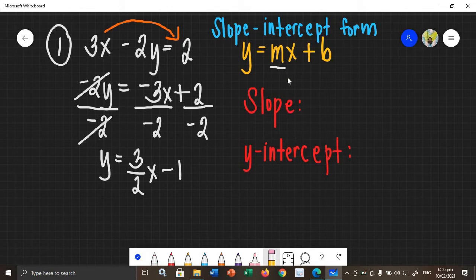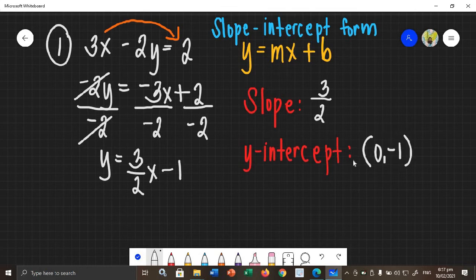In this given equation, our slope is 3 over 2. And then, our y-intercept, in ordered pair, has an x-coordinate that is always 0, and the y-coordinate is b, the value of b in our slope-intercept form, which is negative 1.